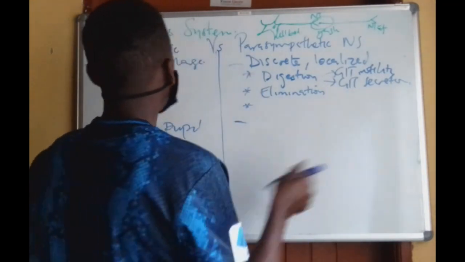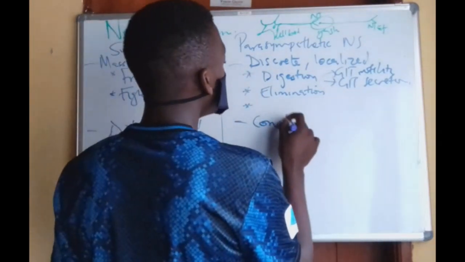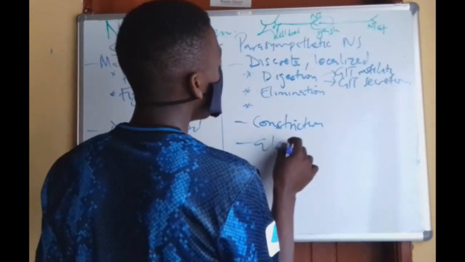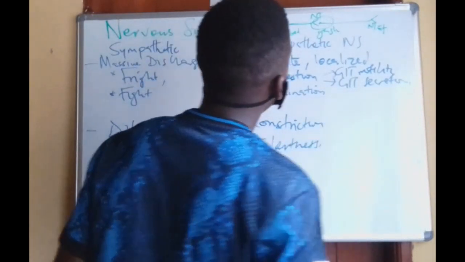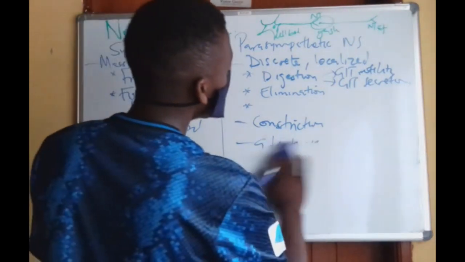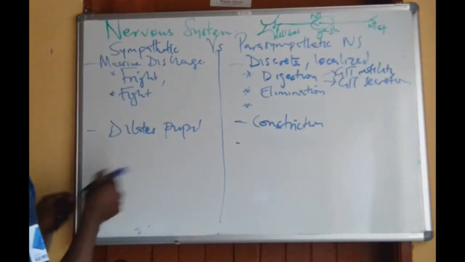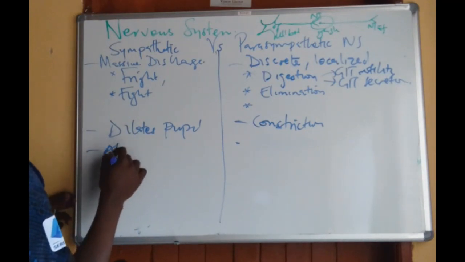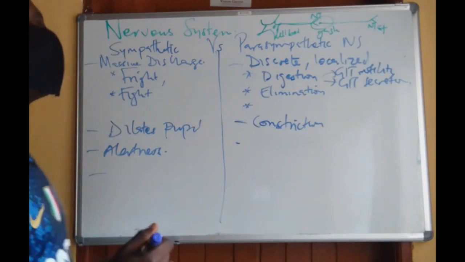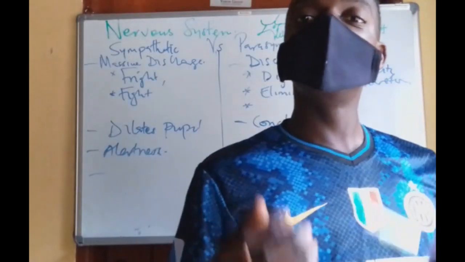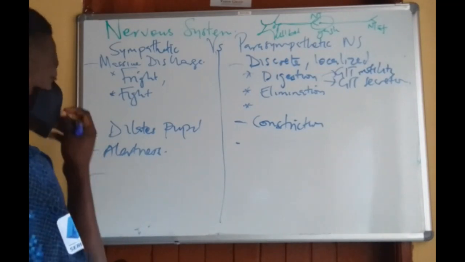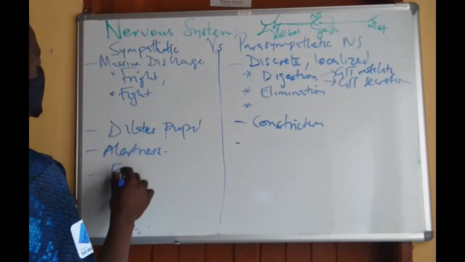Then we also have this side. It will cause constriction. You are at rest. You don't need to be at that alert. Alertness will increase in the sympathetic nervous system. You need to be alert so that you fight, and it will also increase energy production. You need energy to run.